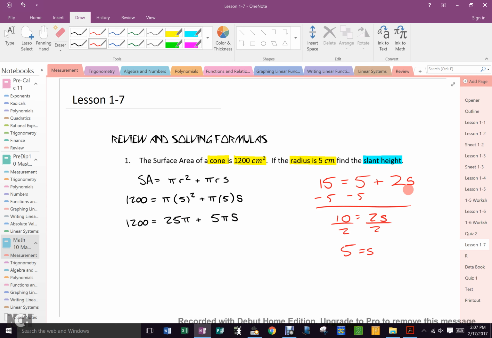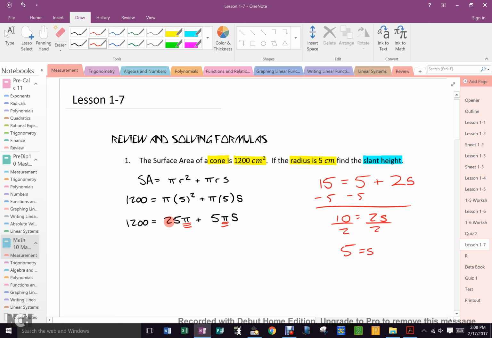There's not two variables, is there, L? It looks like there's two variables because you guys forget that pi is not a variable, is it? It's just a number. So when I wanted to get rid of 5, I did minus 5.